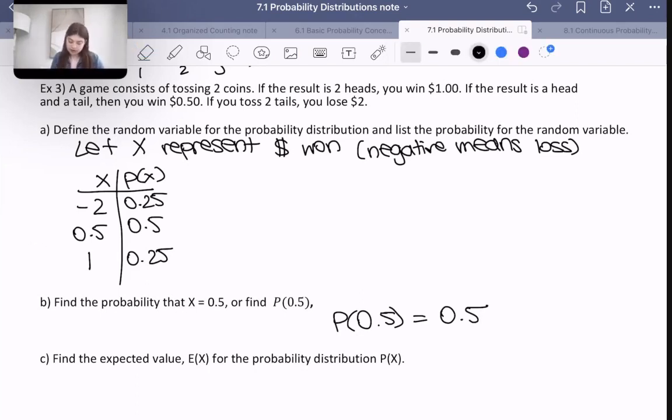Okay. Then they ask, what is the expected value for the probability distribution? And so this is where we're going to find the weighted average and figure out, do we expect to lose money playing this game, or do we expect to win money, or is it a fair game where, if we played it thousands and thousands of times, on average, we wouldn't win or lose any money, right? Let's figure that out.